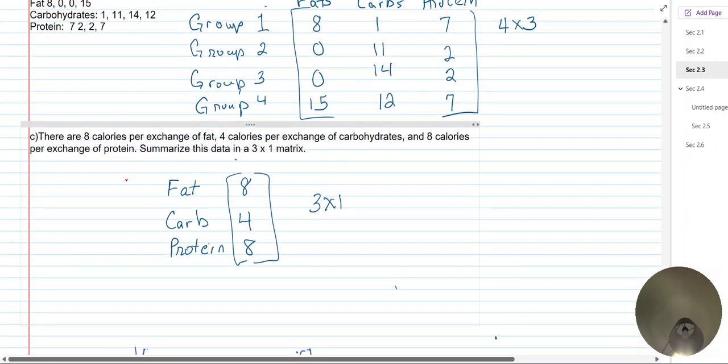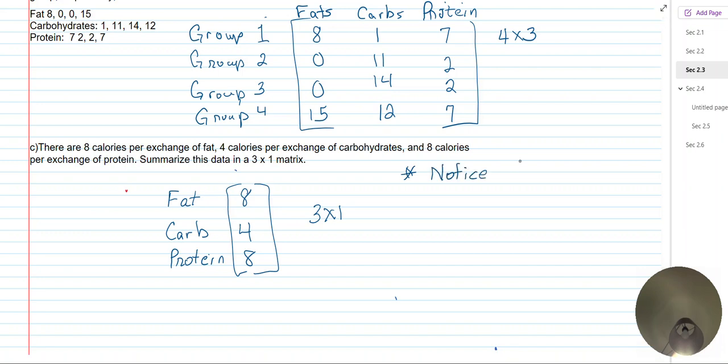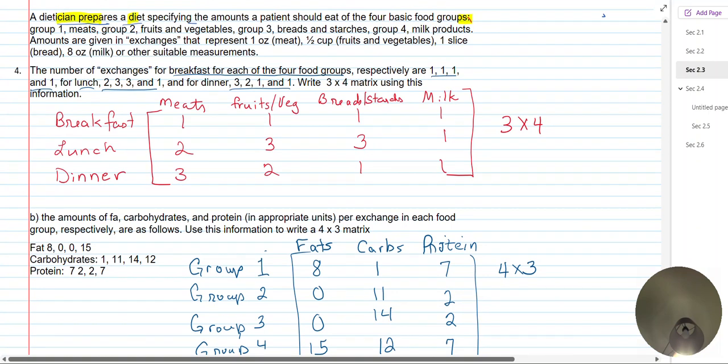Okay, so what are we doing here? Well, we want to notice all the relationship structures. All right, so let's look at that first, and categories. All right, so let's look at them. The first one was the headings or the divisions were meats, fruits and vegetables, breads and starches, and milk.